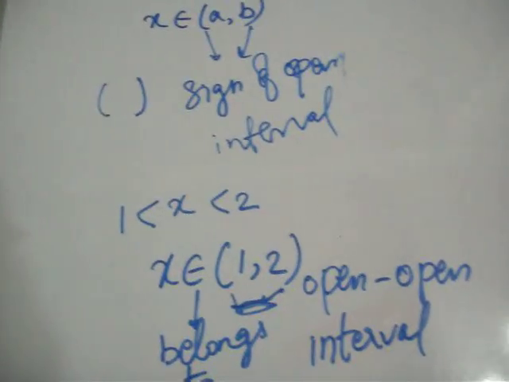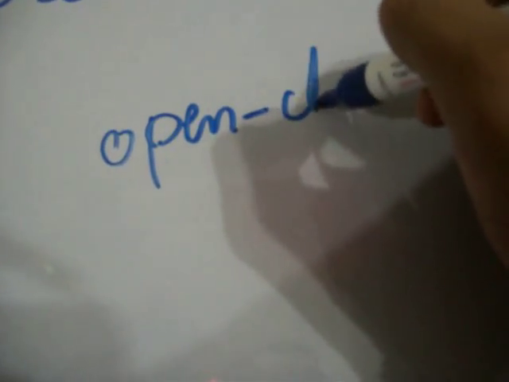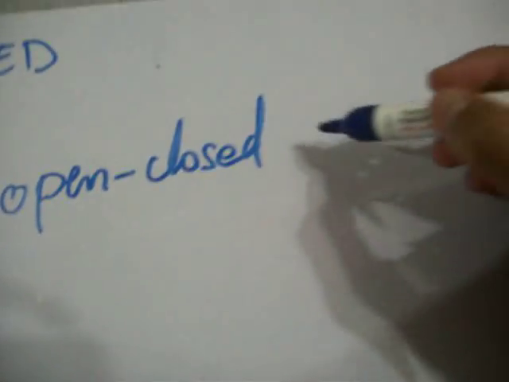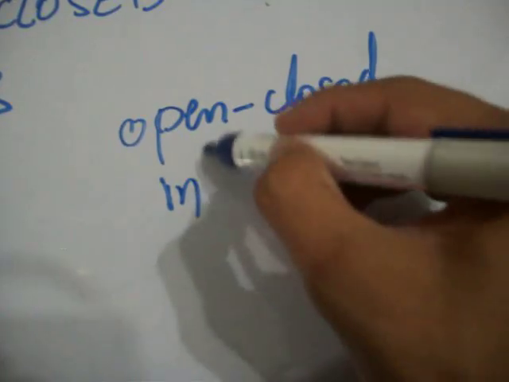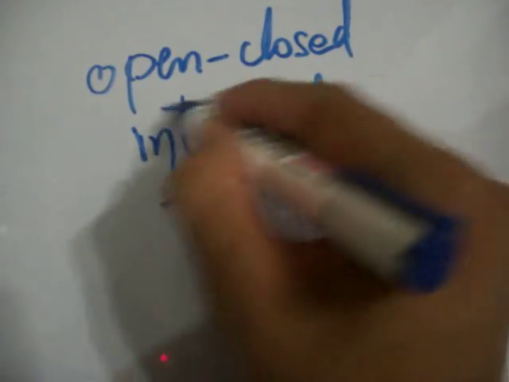Now we go to the open close interval, written like this. In this one we will say x is greater than 1 and less than or equal to 2.